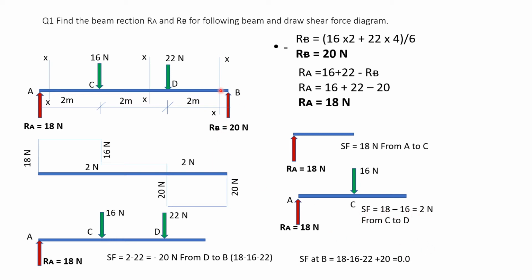Then again I take a third section between D and B, draw a section XX, show this full left hand side and do the summation, 18 minus 16 minus 22, and then draw the shear force diagram. No, we are not going to do such huge calculations. We are just going to draw this shear force diagram directly. And how to do it, that also I am going to teach in detail.